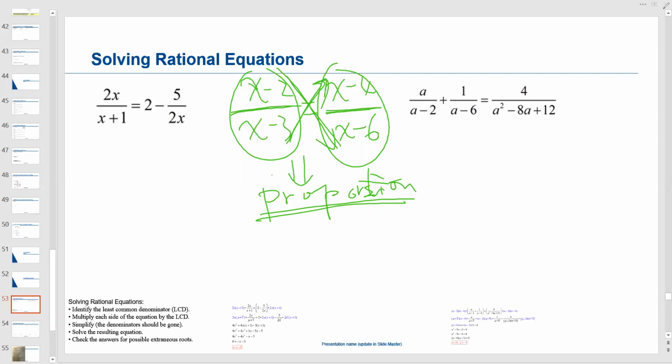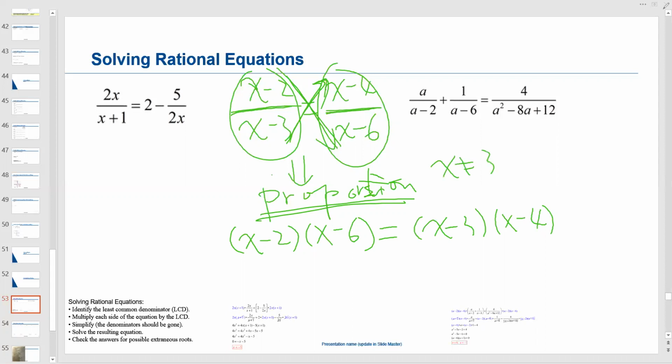So you can get x minus 2 times x minus 6 equals x minus 3 times x minus 4. The question here is x cannot equal 3 or 6, right? All right. So what do you get?